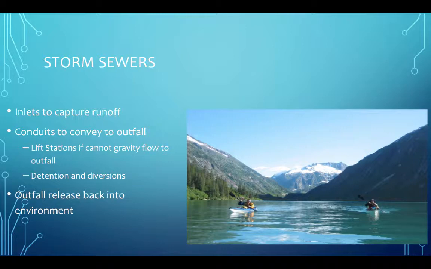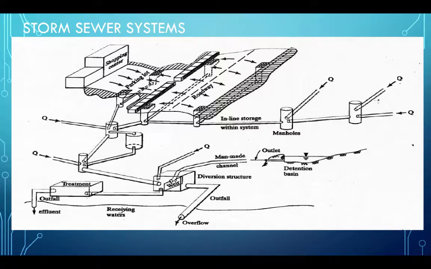Ultimately, the outfall releases water back into the environment so that we have places to kayak, as pictured here. So this diagram is a diagram of a storm sewer system, kind of comprising all the various parts. Not necessarily realistic, but it'll give you a guideline on what comprises a storm sewer system.